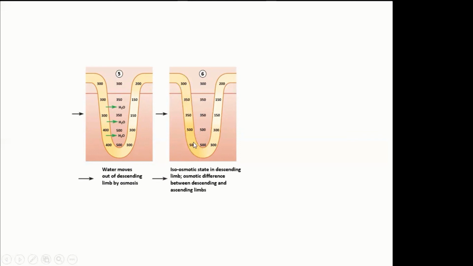And we note that we're reaching equilibrium between the descending limb and the medulla, but the ascending limb, because we have this active transport, is not at equilibrium with the medulla, because we're actively pumping solutes here. So we have a difference between this 500 milliosmoles in the medulla and the 300 here.